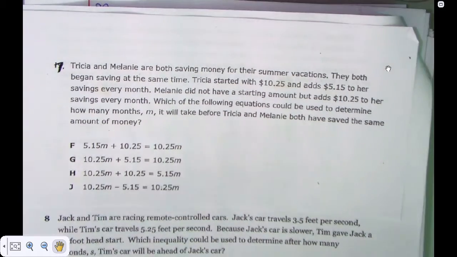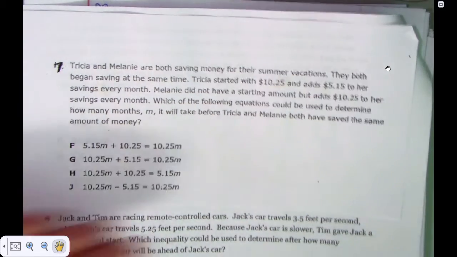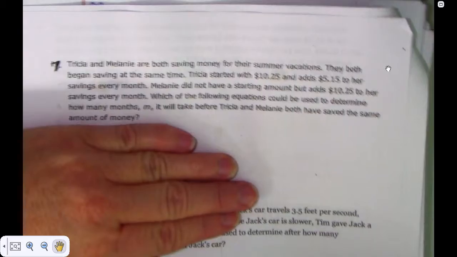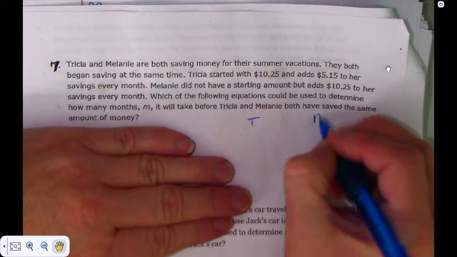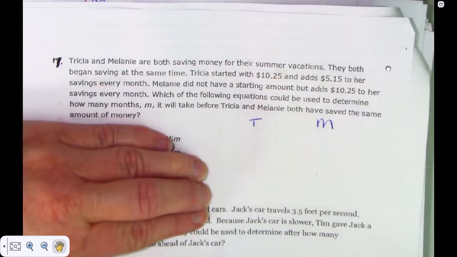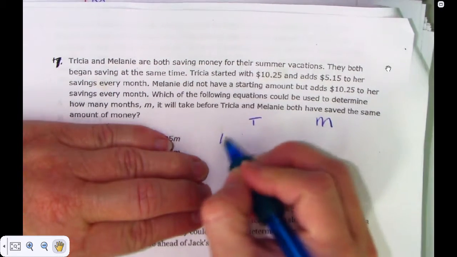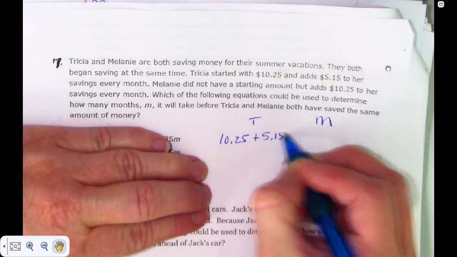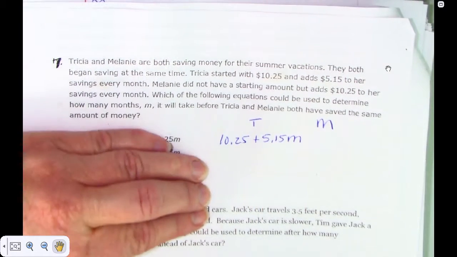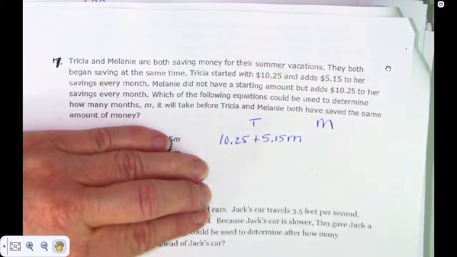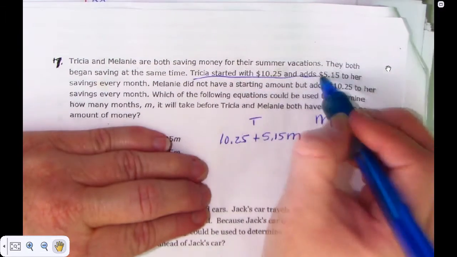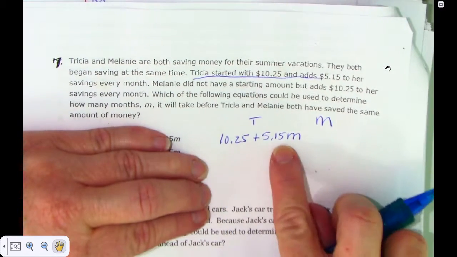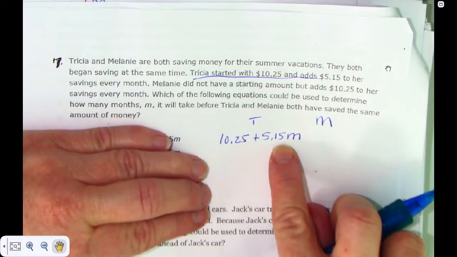Okay, number 7. Cover up your answers. Trisha is saving. She's going to save $10.25 and add $5.15 per month. Well, look. Trisha started with $10.25 and adds $5.15 a month.